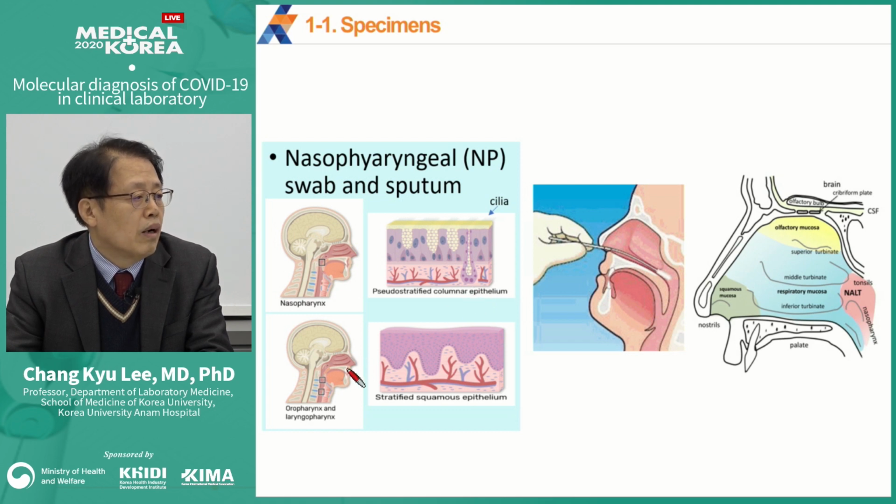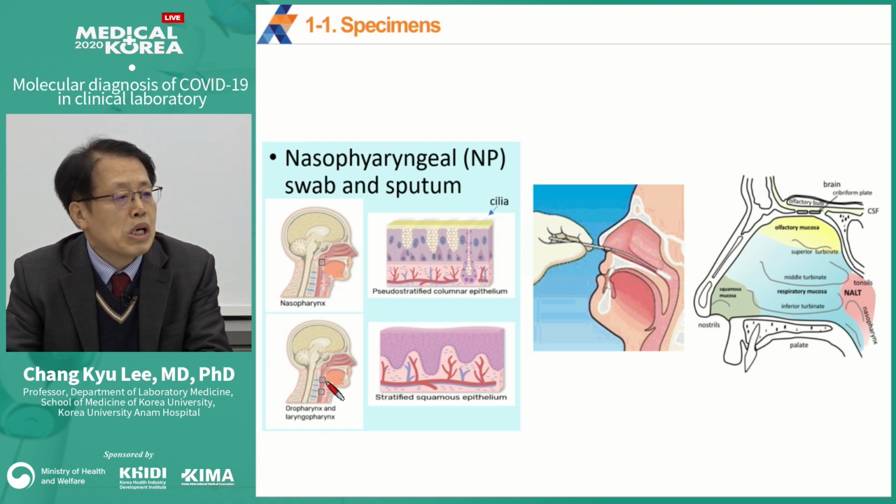Meanwhile, oropharynx has non-keratinizing stratified squamous epithelium. Coarse food material passed through oropharynx. So, we should take specimen from these respiratory mucosa like this.